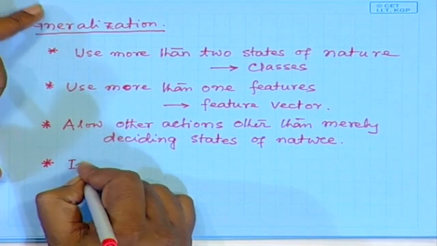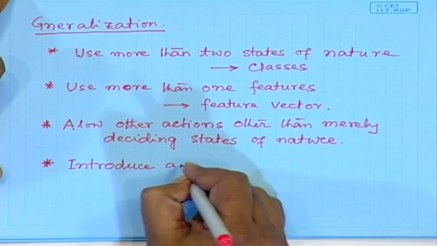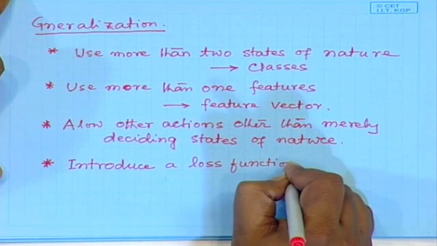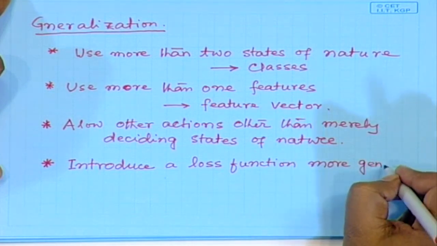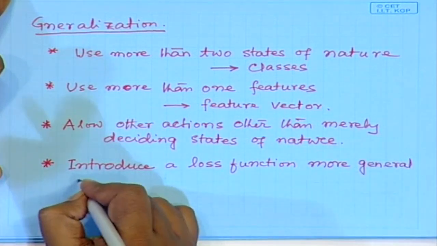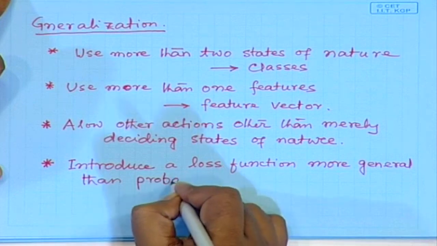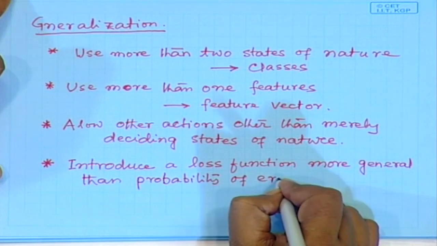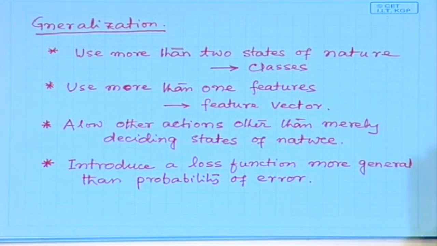We introduce a loss function which is more general than probability of error, because if we decide in favor of omega 2, then the probability of error is p of omega 1 given x.